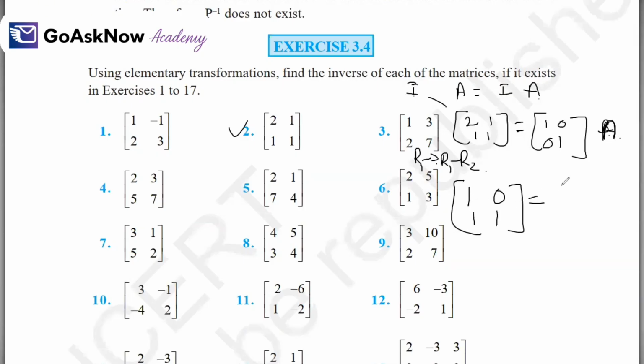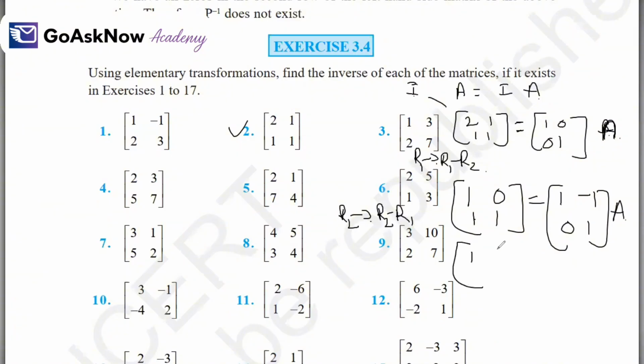And on the right hand side you will get 1 minus 1 and 0, 1, and it is A. Now you have to make another 0 here, so you will do row 2 equal to row 2 minus row 1.